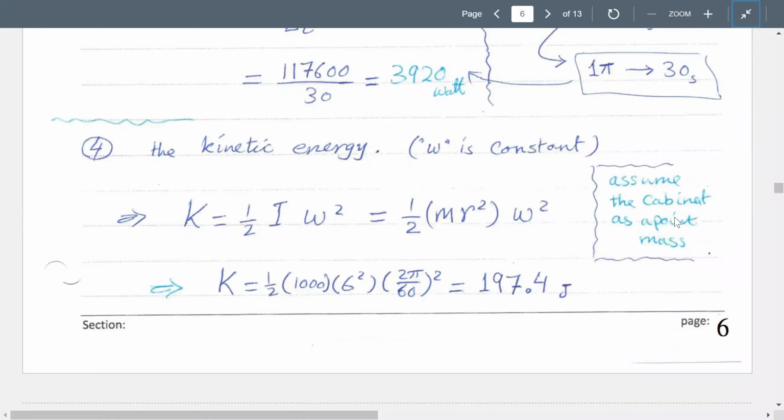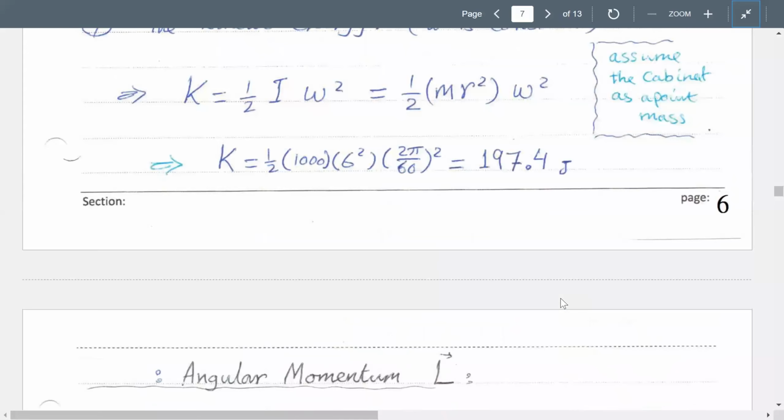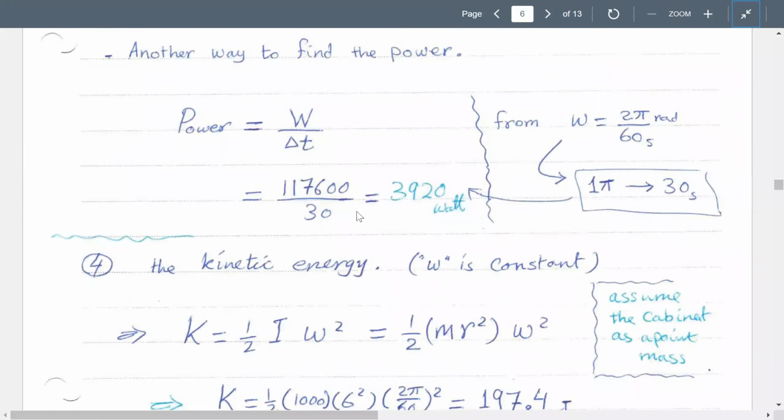Okay, assume the cabinet as a point mass. It is 1/2 the moment of inertia multiplied by its velocity squared. The moment of inertia for a point mass is mr squared. The velocity is given, 2 pi over 60, squared. So the kinetic energy is 197.4 joules.